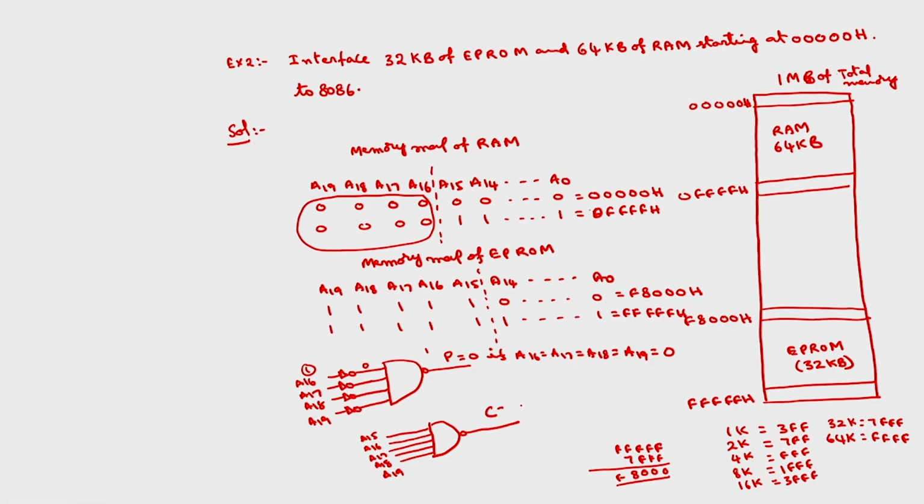So C is equal to 0 if A15 is equal to A16 is equal to A17 is equal to A18 is equal to A19 is equal to 1. If all are ones, then only the output is 0. If any one of A15 to A19 is 0, output is 1. So I am using two signals, P and C. Using these P and C, I will select the memory banks.